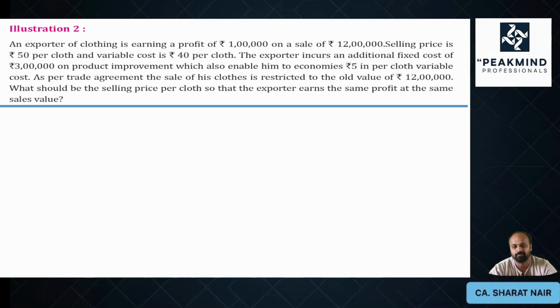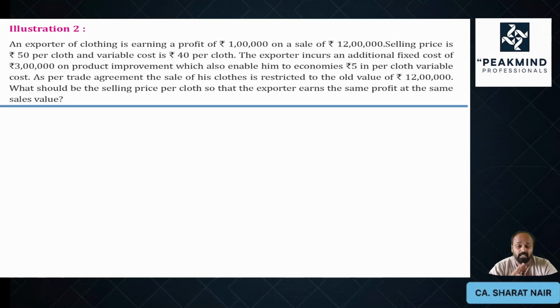Now, if this exporter incurs additional 3 lakh rupees, the variable cost per unit will fall down by 5 rupees, and my revised variable cost will become only 35 rupees.